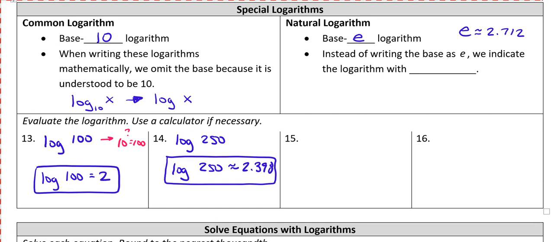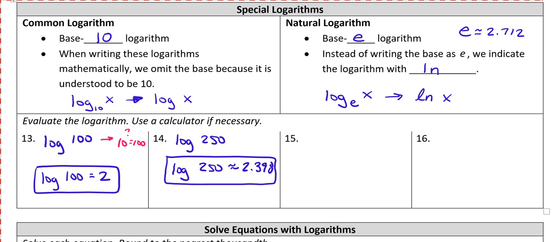Now, instead of writing log base e of some number, we use ln, so natural log. I'm not quite sure why it's backwards, but natural log, ln. Because my L oftentimes looks like a 1, I tend to use a cursive L to make sure I know that it's the natural log of x. This is the notation we're going to be using.